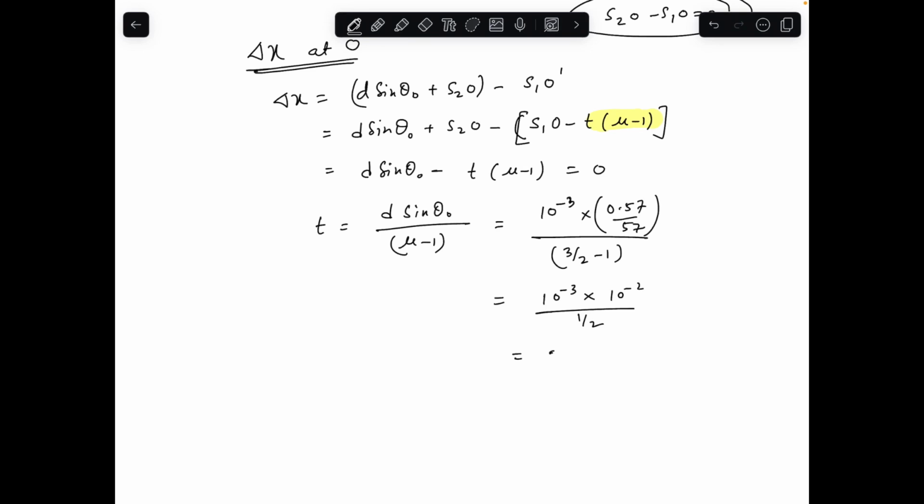So from here I get 2 into 10 to the power minus 5. I can also write this 0.2 into 10 to the power minus 6. So the answer is 0.2 micrometer. So this is the thickness of the glass slab required. Okay, I hope you understood this problem. Thank you.